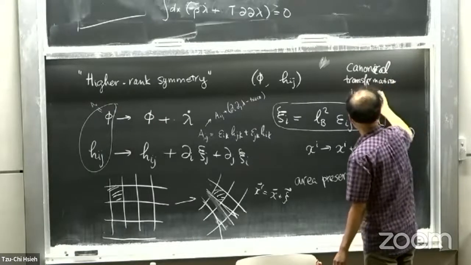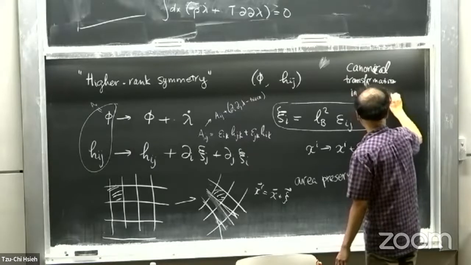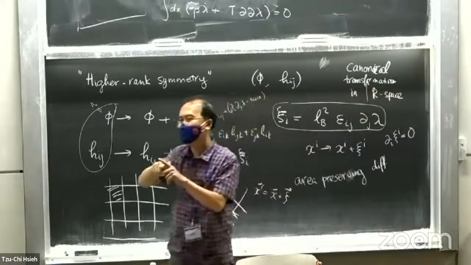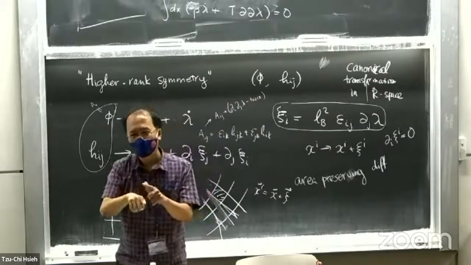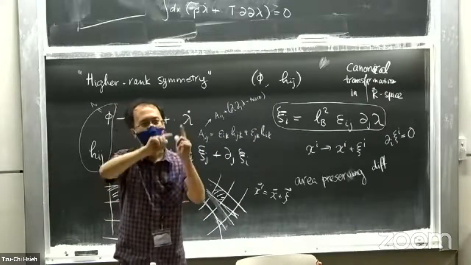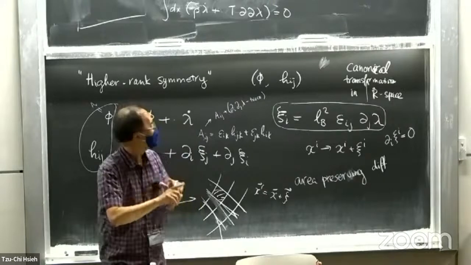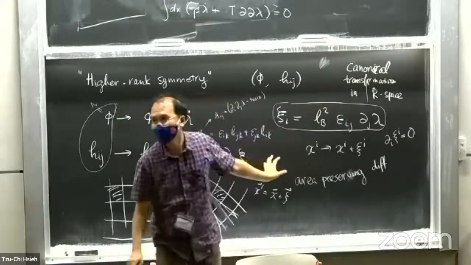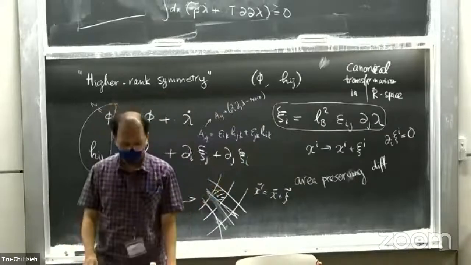In R space. So this R space is endowed with the Poisson bracket, like X and P. And in X and P space, we can define the canonical transformation. The group of canonical transformation in R space coincides.